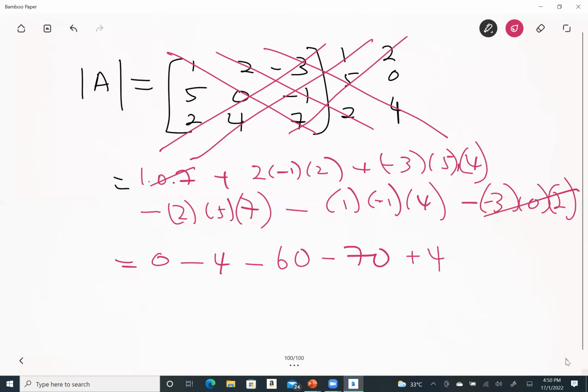Betul ke tak betul? Saya punya lagi pelik, lagi besar. Okay, minus 4. Ini minus 60. So that is 20 times 3, negative 60.